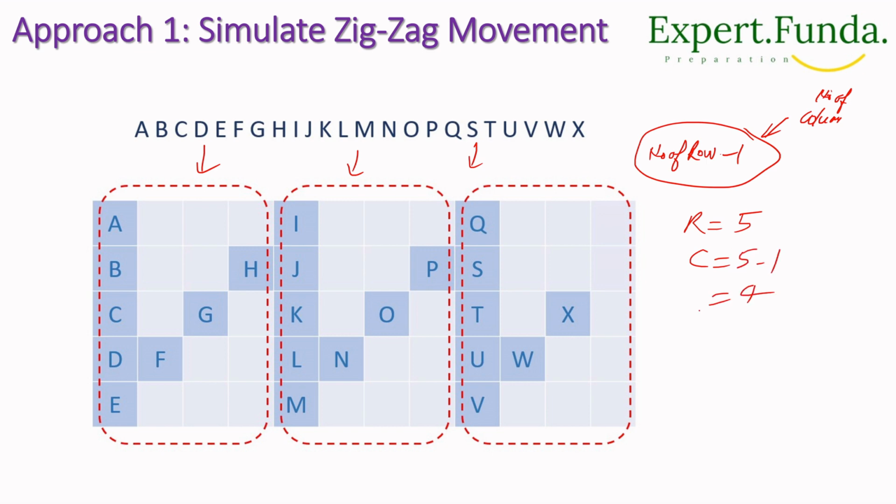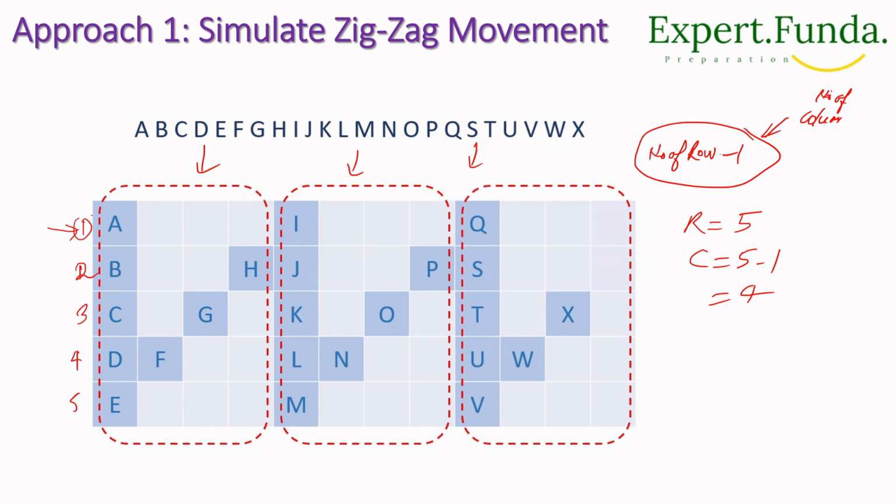In that case, let's suppose we have given this one. For the first section, we have row 1, row 2, row 3, row 4, row 5. Total we have 5 rows.